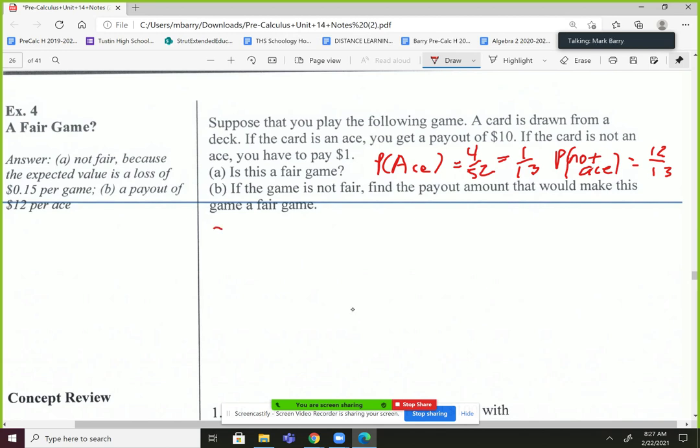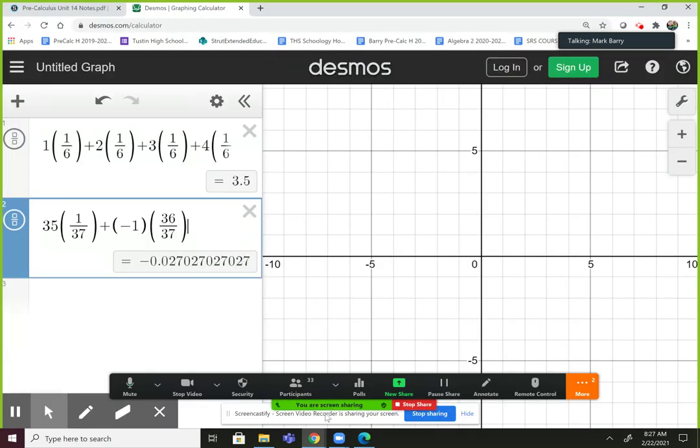Okay, so let's calculate if this is a fair game. Our expected payout: we're going to get $10 if we get an ace, and then we're going to lose $1 if we get anything else. All right, I'm going to go ahead and type this in the calculator.